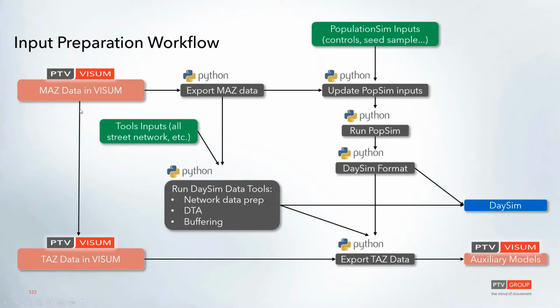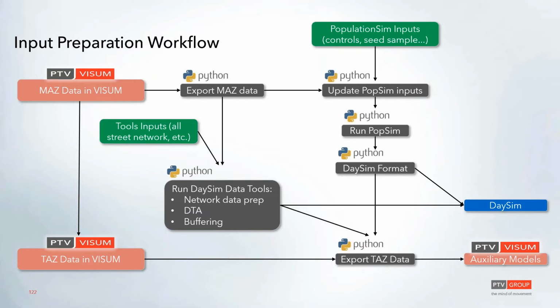The TAZ data gets aggregated from the MAZ data, and then it also gets updated based on the synthetic population and the land use data, and then that gets exported to be used by auxiliary models. So normally you would not have to worry about how the data workflow or how these tools are interacting with each other, because all of this happens automatically behind the scenes.